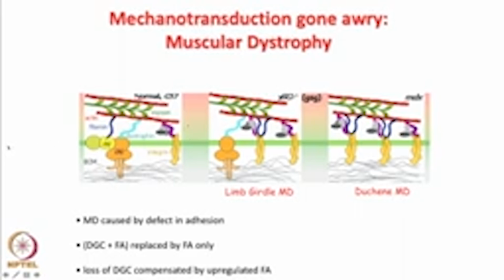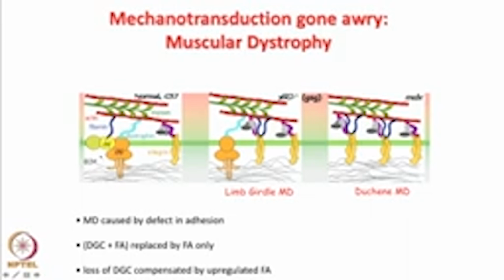There are various types of muscular dystrophies, all of which involve perturbation of one or more components of this network. So, you can have a mild form of muscular dystrophy, which is called limb girdle muscular dystrophy, in which multiple components of the dystroglycan complex are missing.